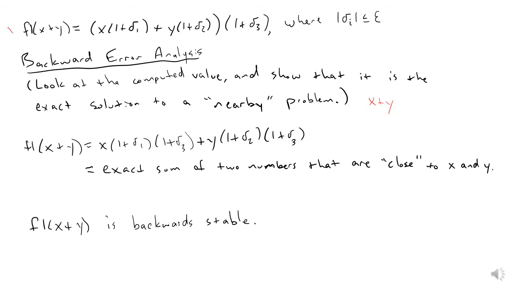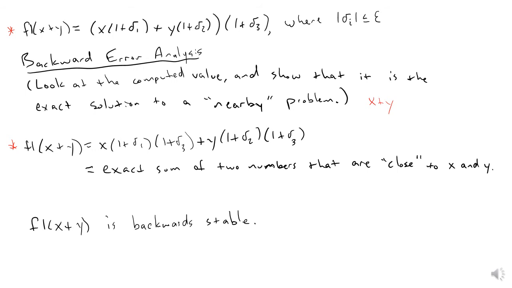This line at the top is again just a repeat of the line that we had on the previous page and already explained where it came from. I copied that here because on our next line, the floating point sum of x and y, I just want to show where this is coming from.